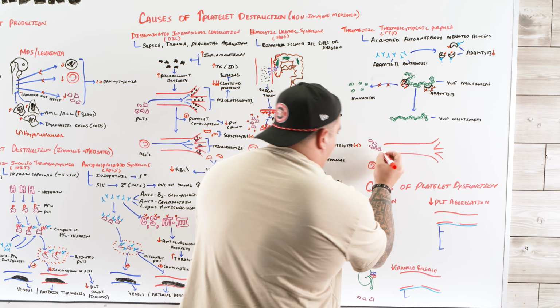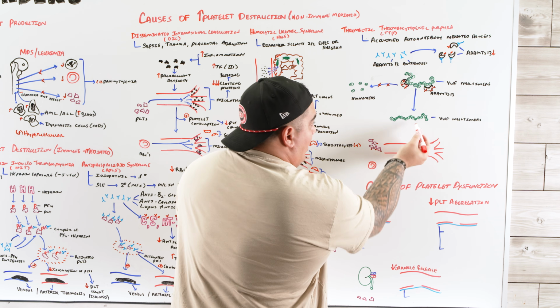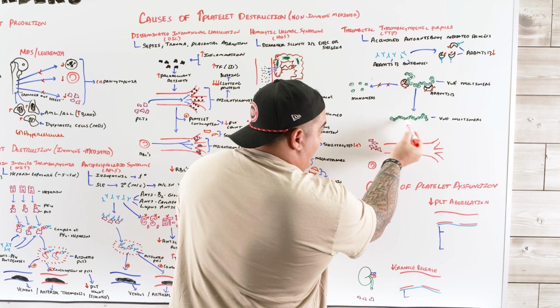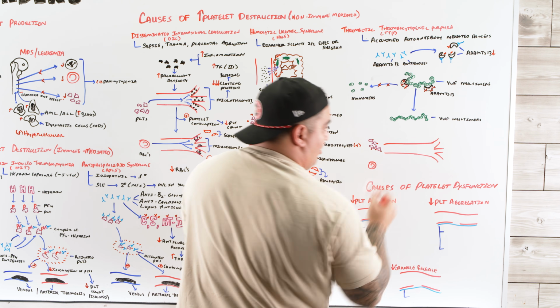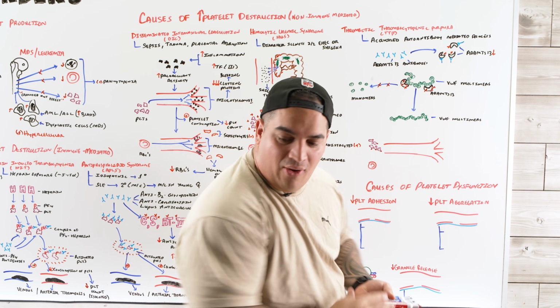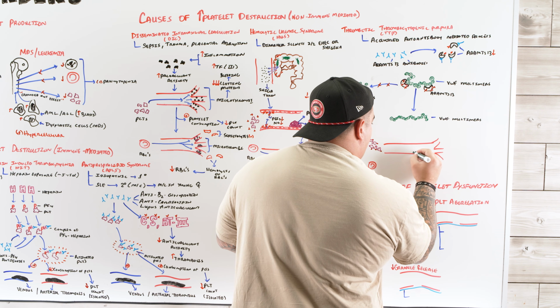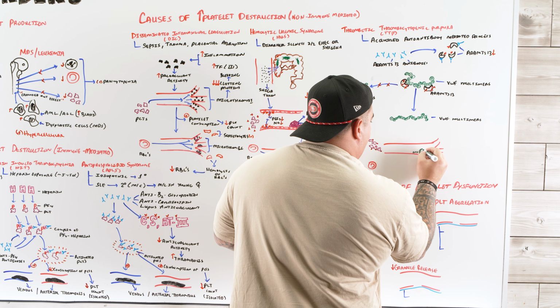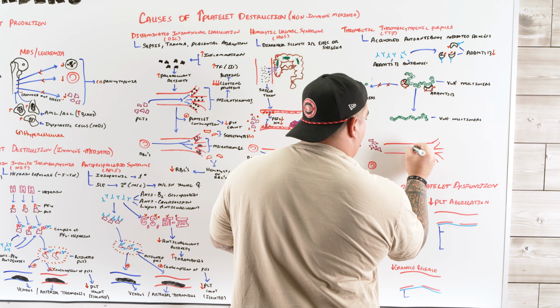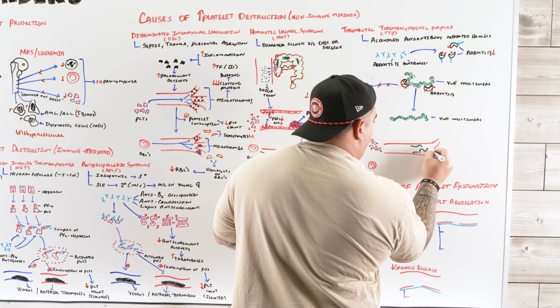You guys remember the little red protein I put on here, that was the GP1B. If these see these von Willebrand factor multimers circulating through the bloodstream, what are they going to do? They're going to bind all over this. So now imagine I have this multimer here, and it's just kind of moving, and I've got a couple of these all over the place, like one right here and one over here.